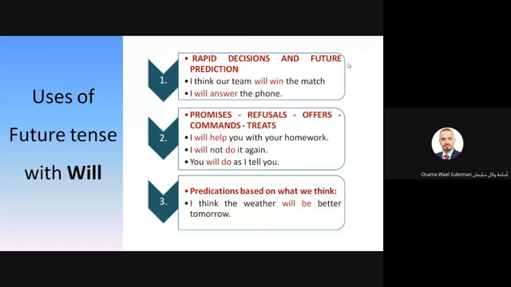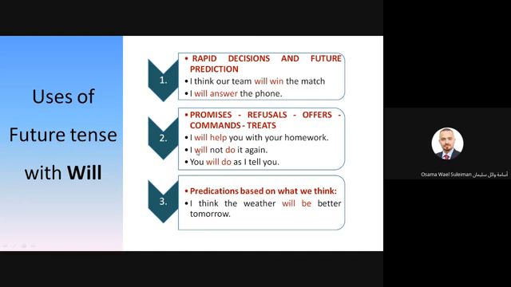Yes, I'll help you with your homework. You are offering your help to a friend, for example, for helping him with his homework. You say, I will help you with your homework. This is a promise. You promise your friend that you will help him with his homework. And then you say you use will to offer your services, for example.